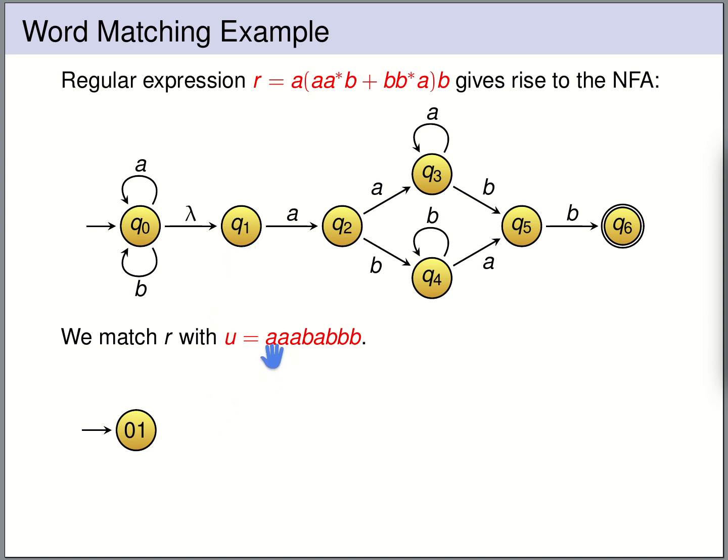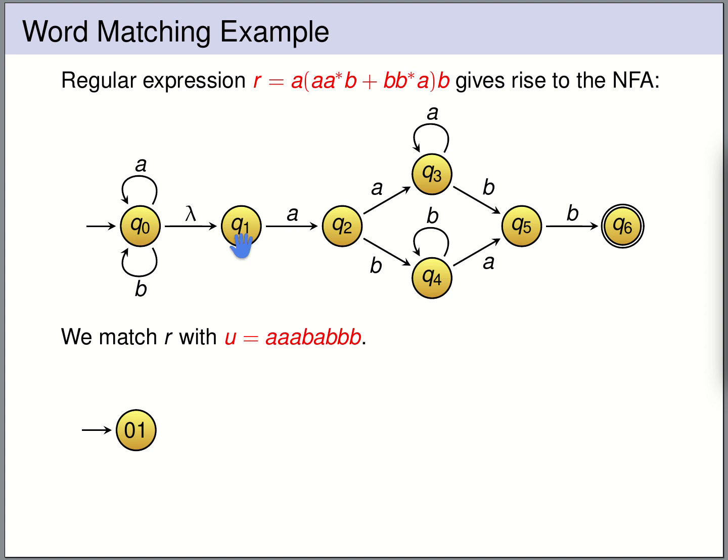Now the first letter of u is an A. So the question is, where do we go from this state when reading an A? So we have to check what states are reachable from 0 and 1 via an A path. Okay, let's start with Q0. What states are reachable from Q0 via an A path? Clearly Q0 itself is reachable again, but we can also take an A step followed by lambda, so Q1 is reachable again.